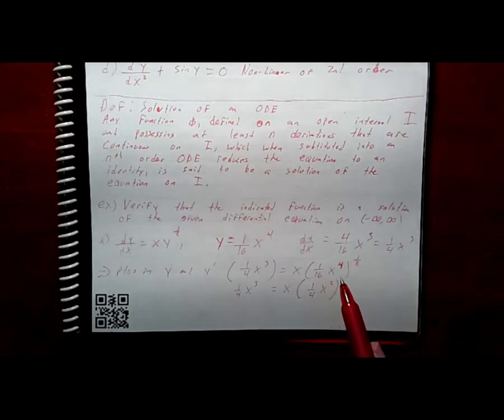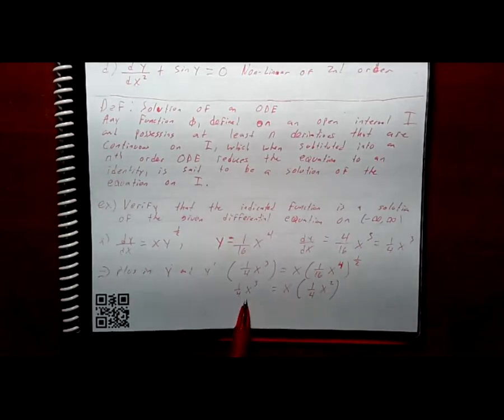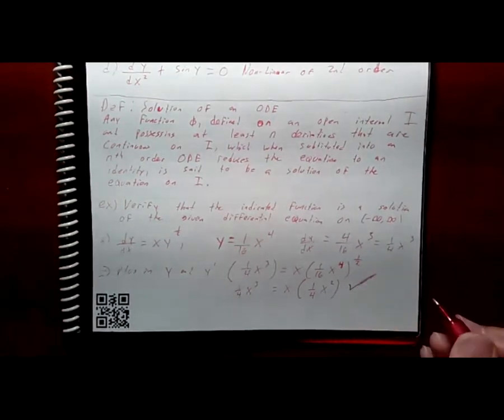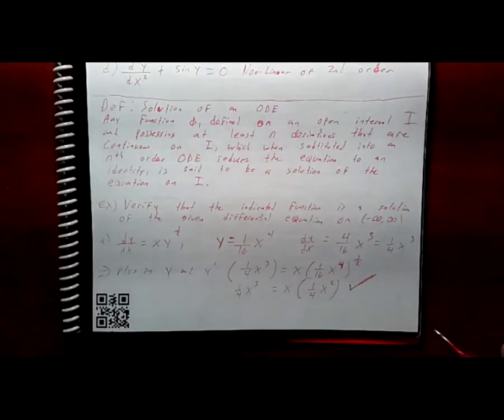Square root these terms gets you to here. If I multiply by this x, is this indeed equal? So yeah, they're both equal. That is your solution. So that's all you got to do to determine if it's a solution.